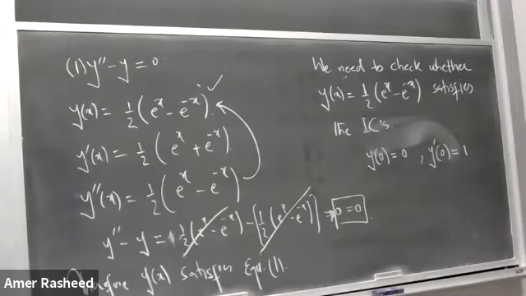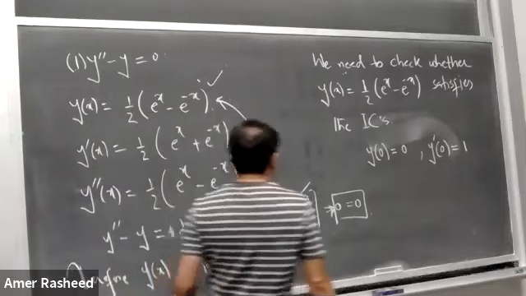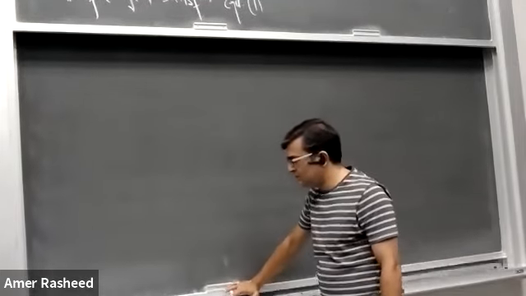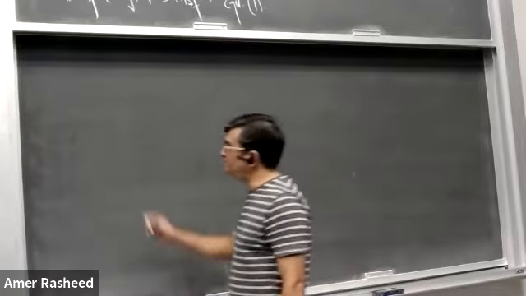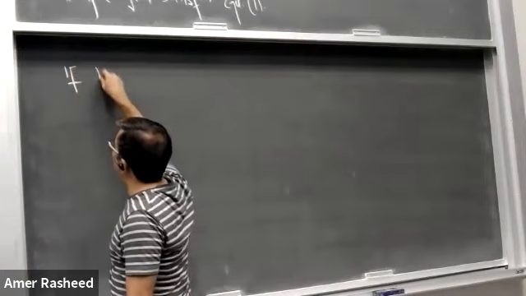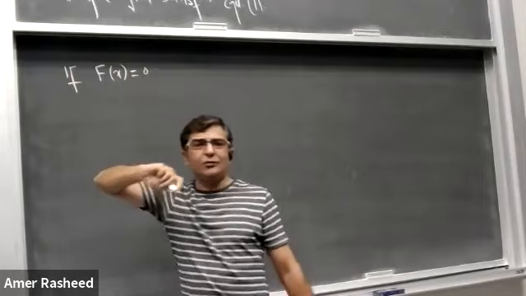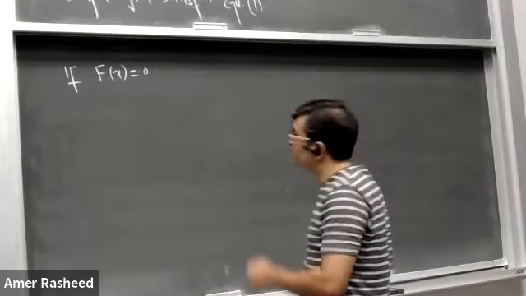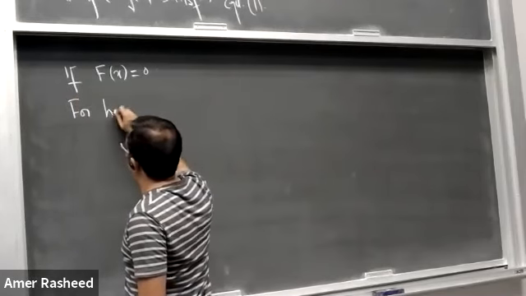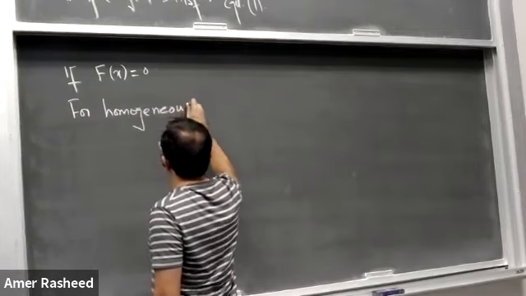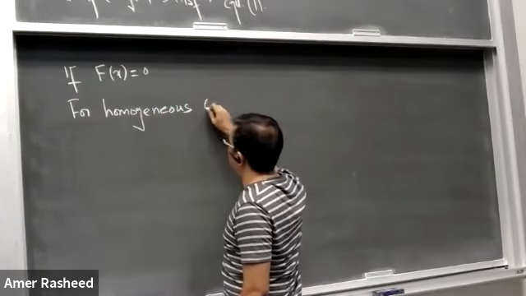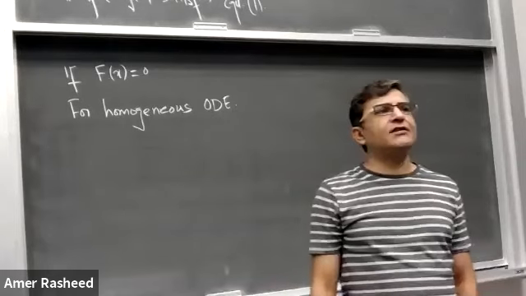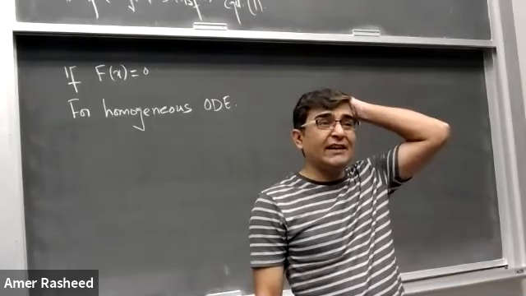Another special case of that theorem is this: if capital F of x is 0, meaning the problem is a homogeneous differential equation, then for a homogeneous ODE, y is equal to 0 is always a solution of the homogeneous nth order linear differential equation.